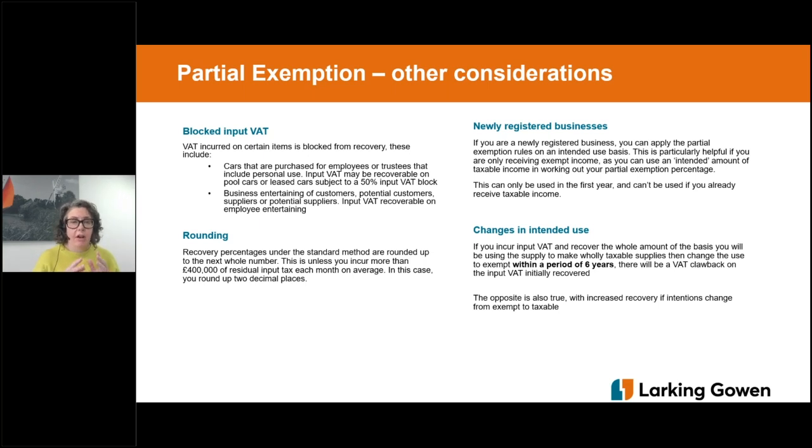So if you're in that kind of level of spend, 400,000 of residual input tax per month on average, then you don't round up to the next whole number, you just go to 2 decimal places. If you're talking about numbers that big, it will make a bit of a difference in your VAT recovery position.